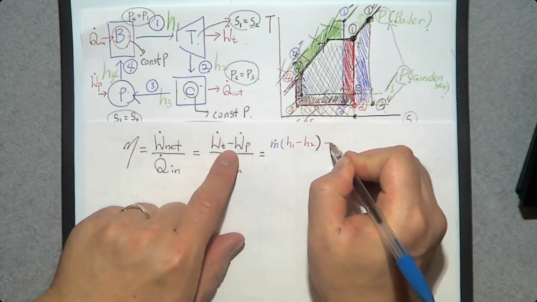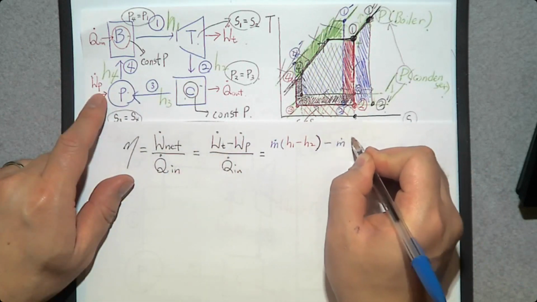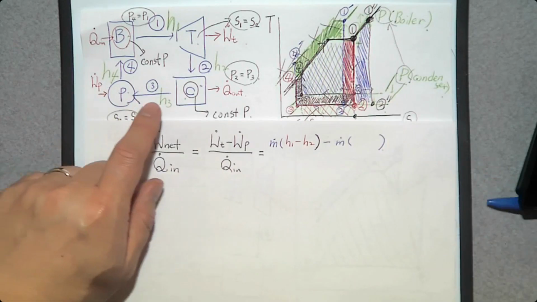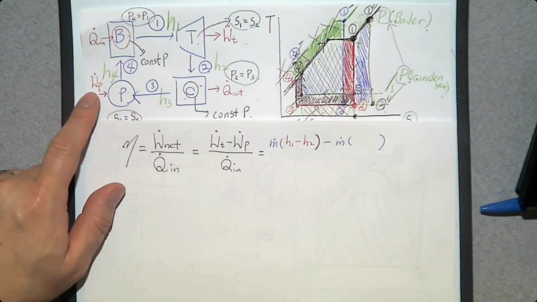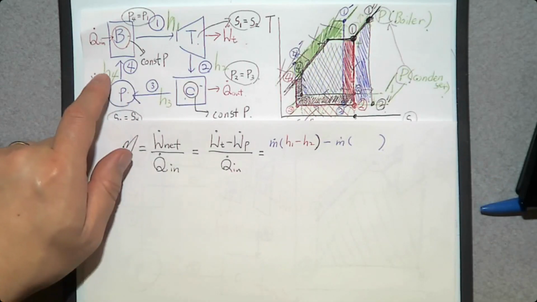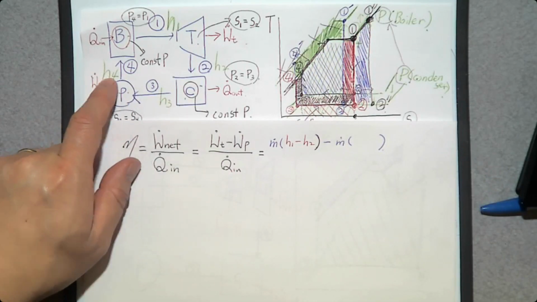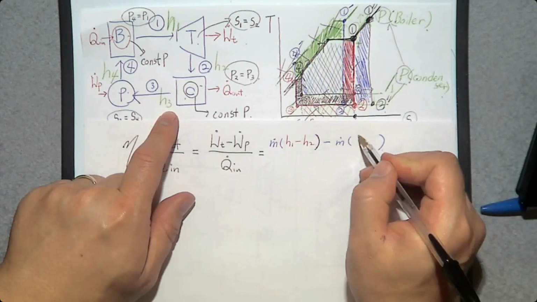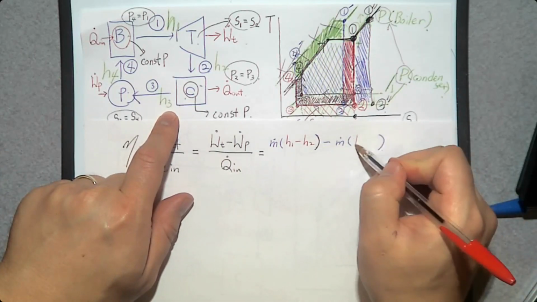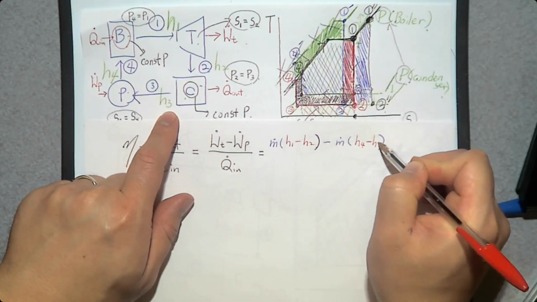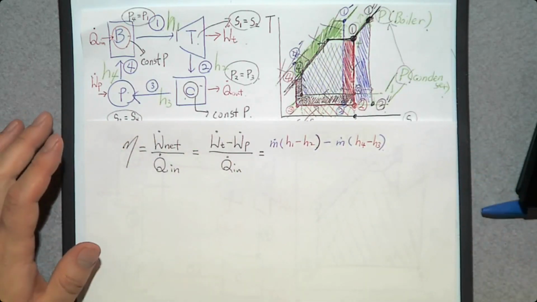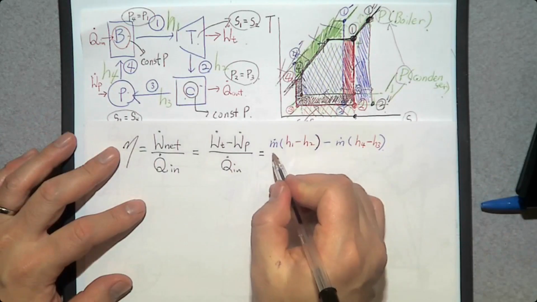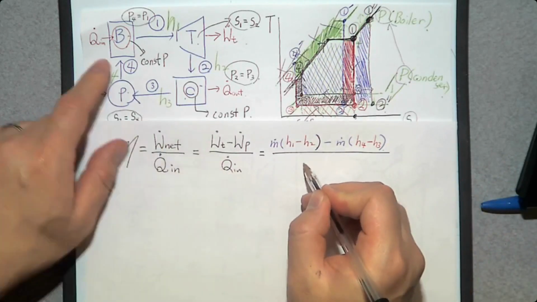What about pumping power? M dot times between H3, H4. Pump power is added, therefore H4 should be greater than H3. So H4 minus H3 to make this positive. Divide by Q dot in.